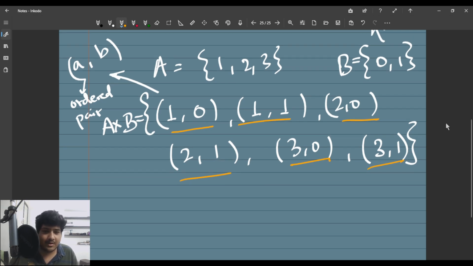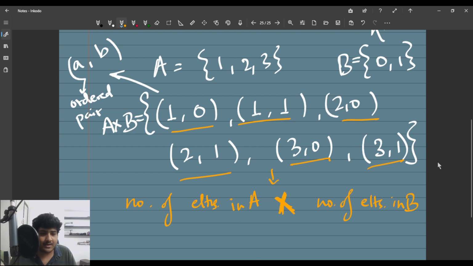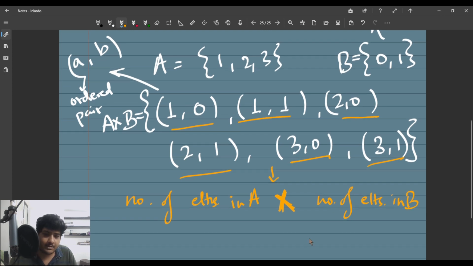So the total number of ordered pairs would be the number of elements in A times the number of elements in B. And this is also very alike to our normal multiplication, right? This multiplication is our usual multiplication in real numbers or integers. So this is how we define A cross B.